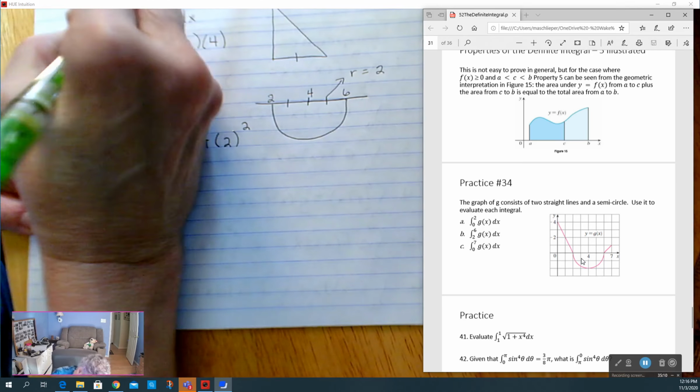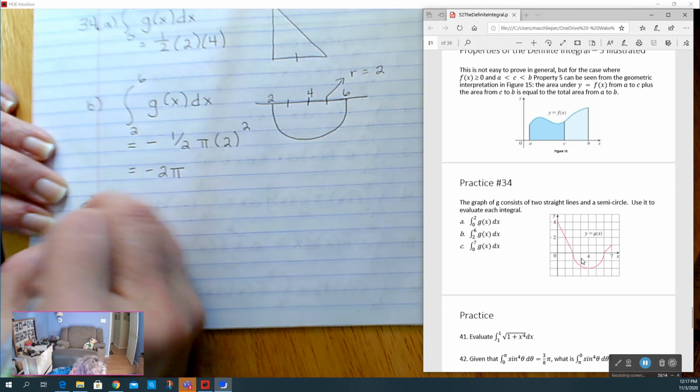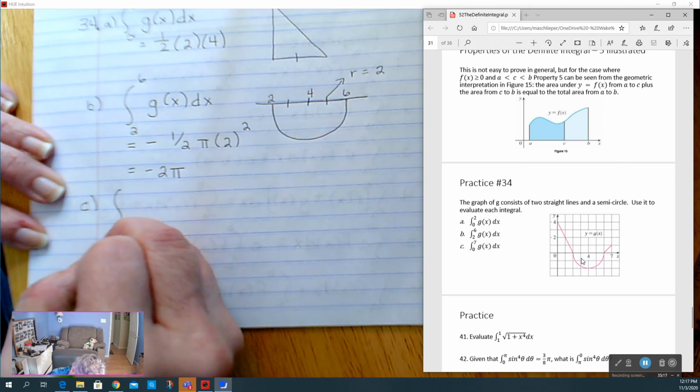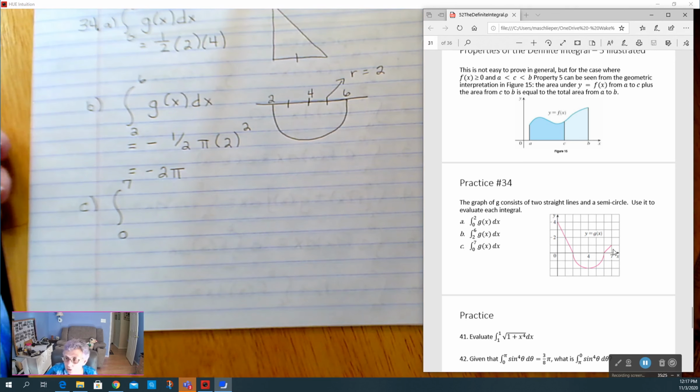For part C, we want the integral all the way from 0 to 7. So that's the triangle and the semicircle and this little baby triangle over here.